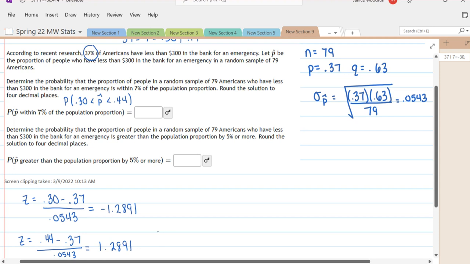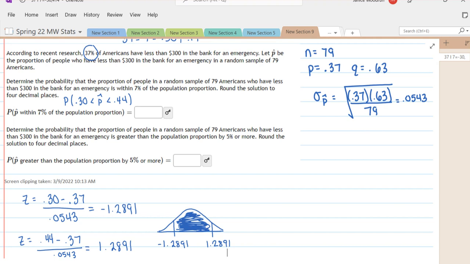So on the chart, that's going to look somewhat like this. We want this value here in between. So we would do normal CDF with those two as our lower limit and our upper limit.